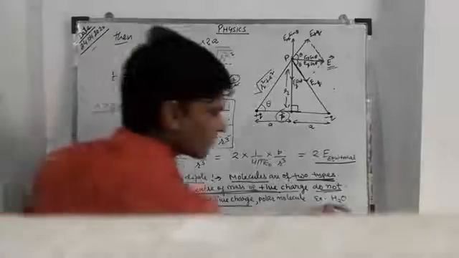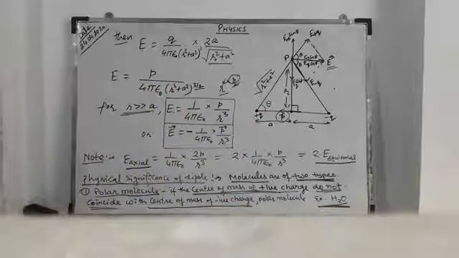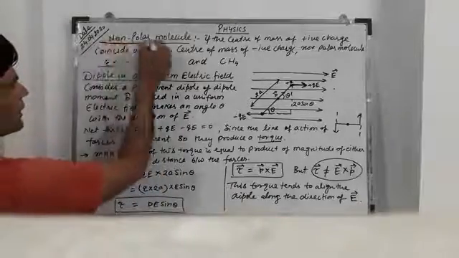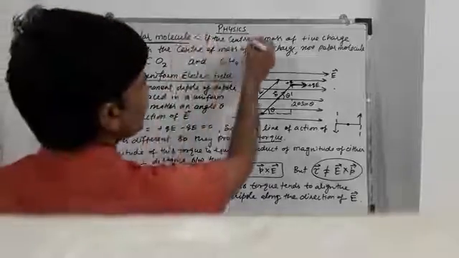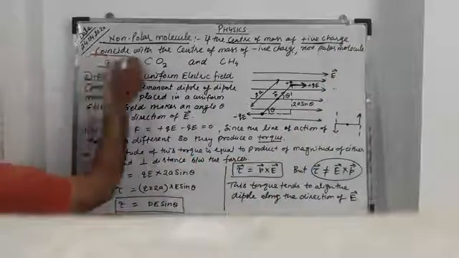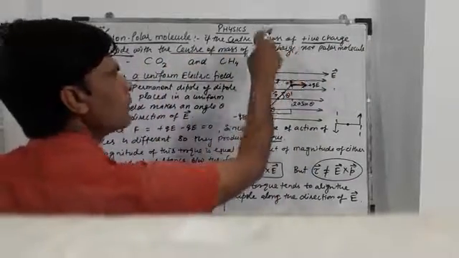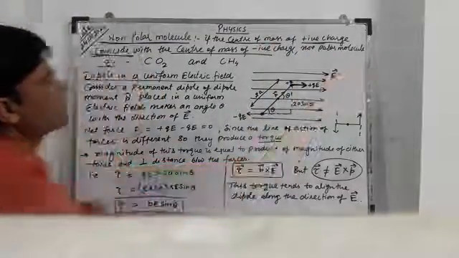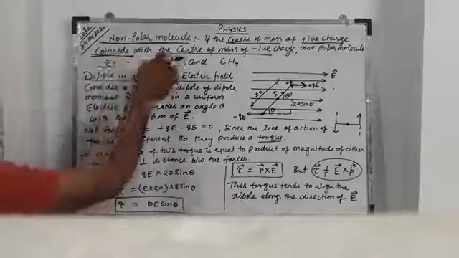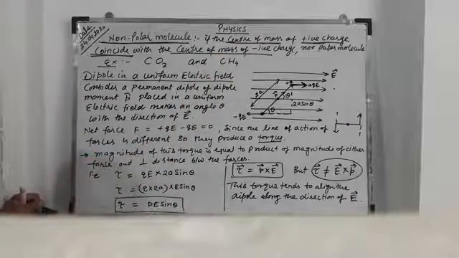Example H2O. Non-polar molecule: if the center of mass of positive charge coincides with the center of mass of negative charge, then the molecule is called a non-polar molecule. Example CO2, carbon dioxide, and methane CH4.